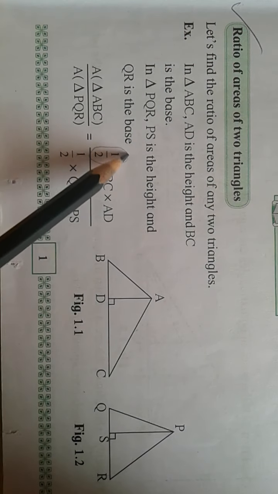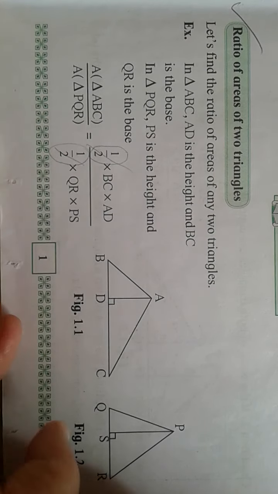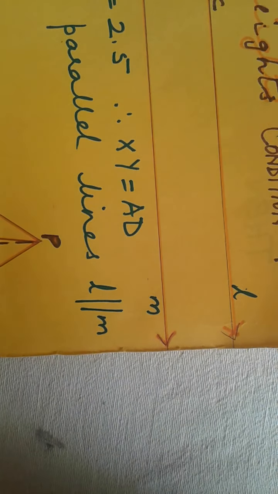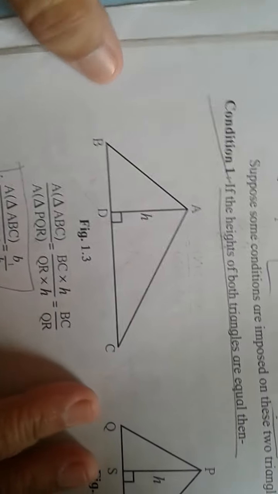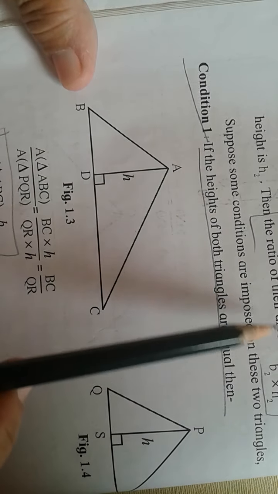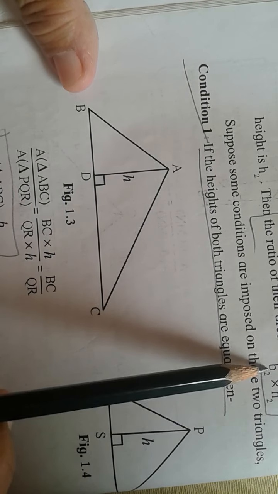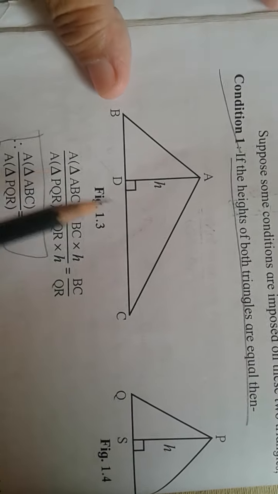Now in this we have half common to both. So we cancel half and we get a general formula: the ratio of areas of triangles is equal to base into height upon base into height. Now let's see condition 1.